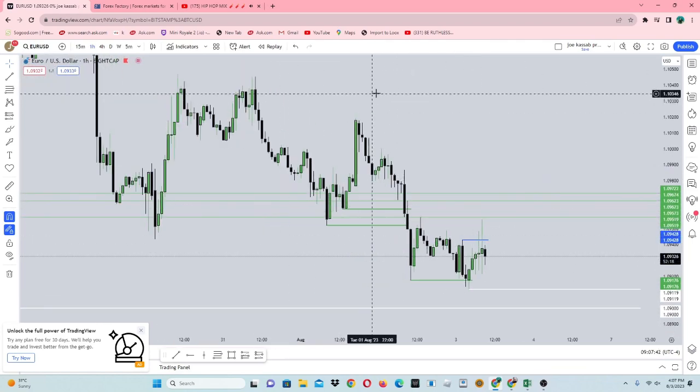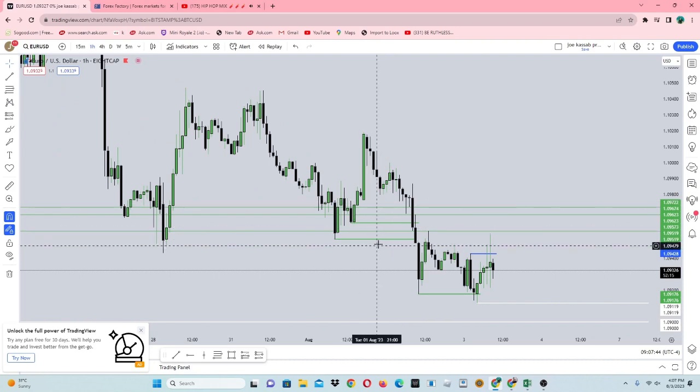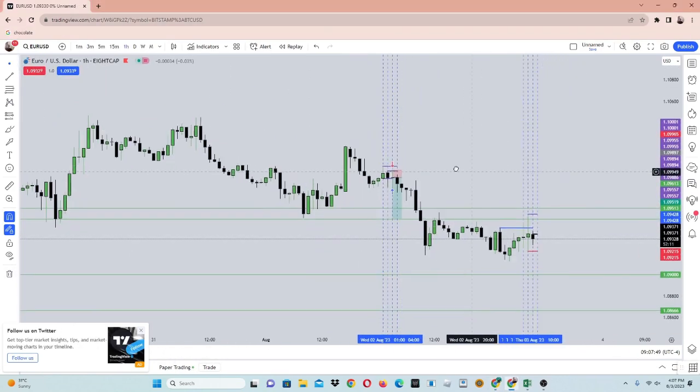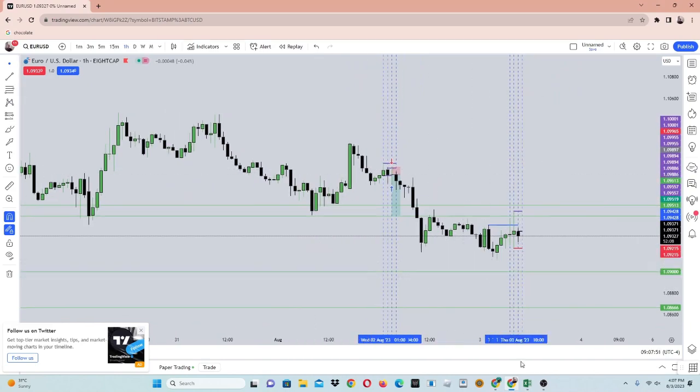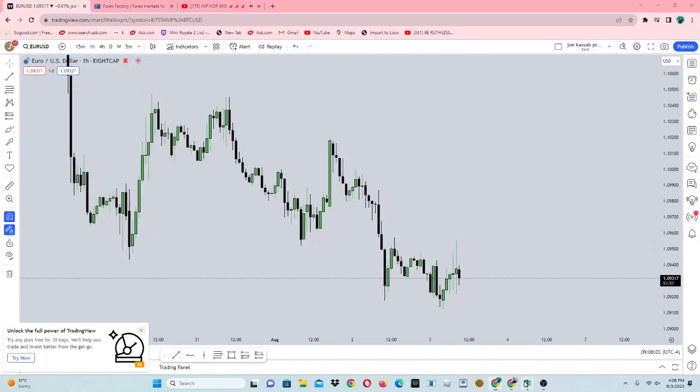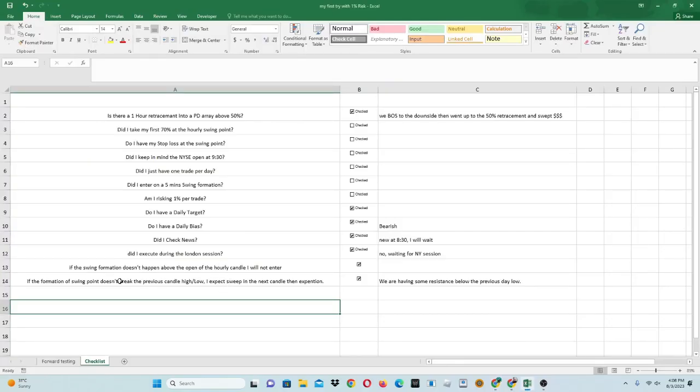I could have had the opportunity to take a trade on Wednesday, but I missed it because I didn't have every rule in my Excel checklist. Okay, so these were added yesterday when I lost the trade. So what happened is I learned from my trade, and I added these two rules: more confluence, more rules to check.